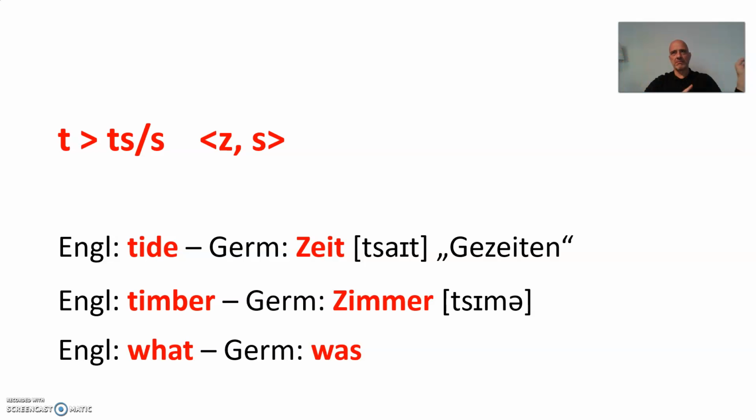You already see the slight differences here. Timber, wood, which you need for building, and Zimmer is more or less a room made of wood, probably. Or look at what in English, was in German.